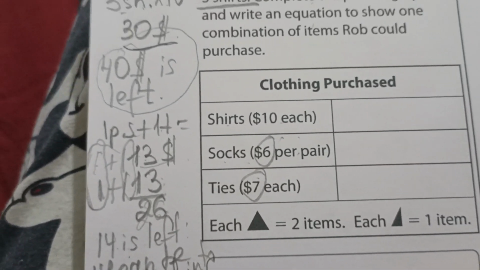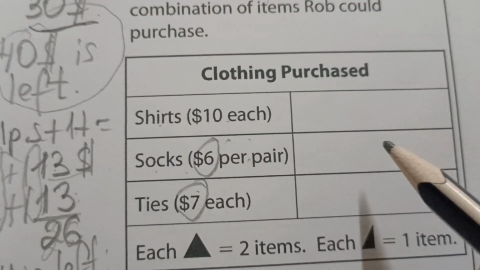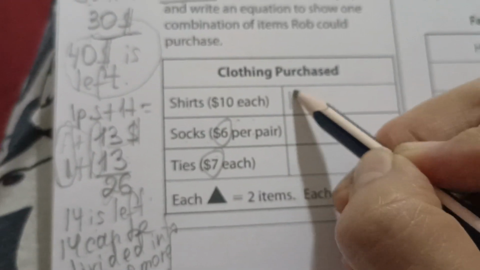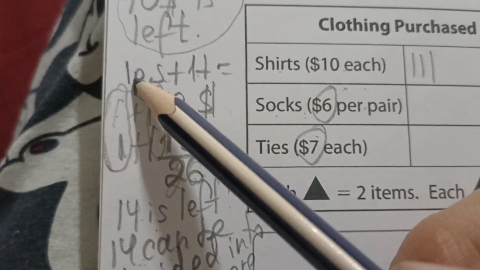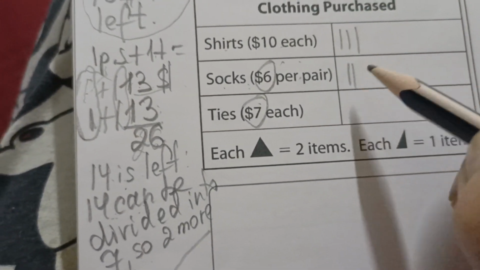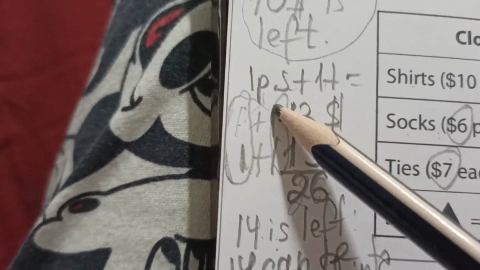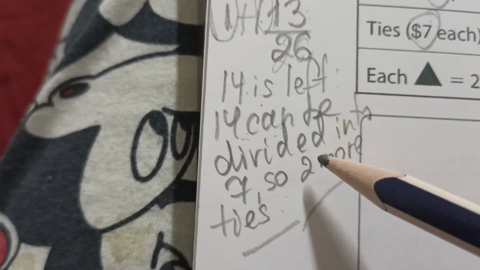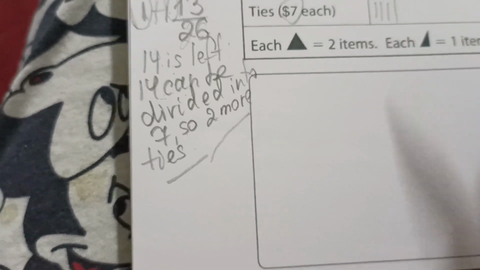Now, let us write this down. Okay, he wants 3 shirts, so we write 3 shirts. Let's say 1, 2, 3 shirts, okay? Socks, 1, 1 and 2. Okay, so 2 pairs of socks. And ties, 1, 2 here, and 2 more. It's going to be 4. 1, 2, 3, 4.